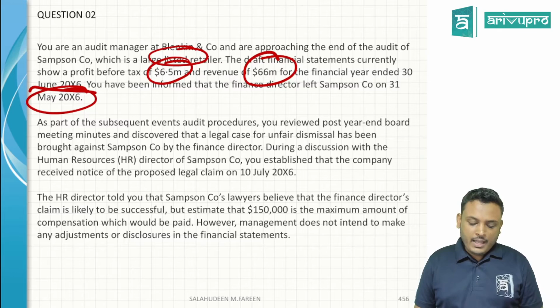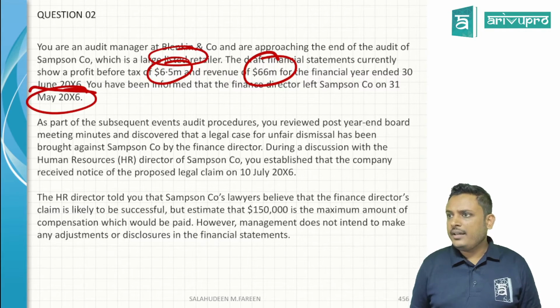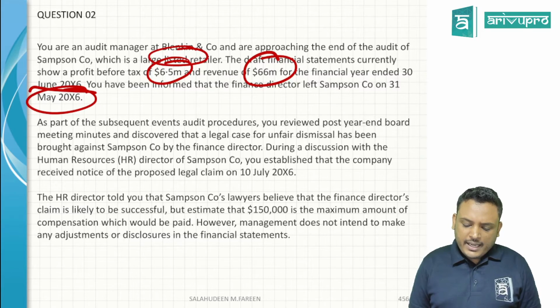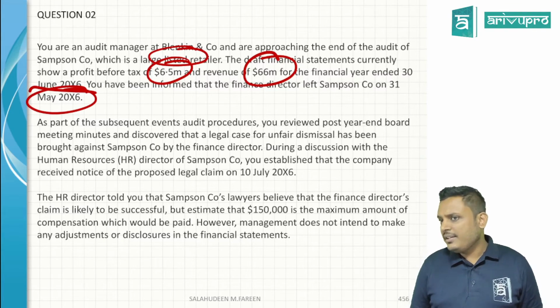Before the year end. As part of subsequent event audit procedures, you reviewed post year end board meetings. Correct, right? You should do that. And discovered that a legal case for unfair dismissal has been brought against S by the finance director. Unfair dismissal. Link to IAS 37 provision.